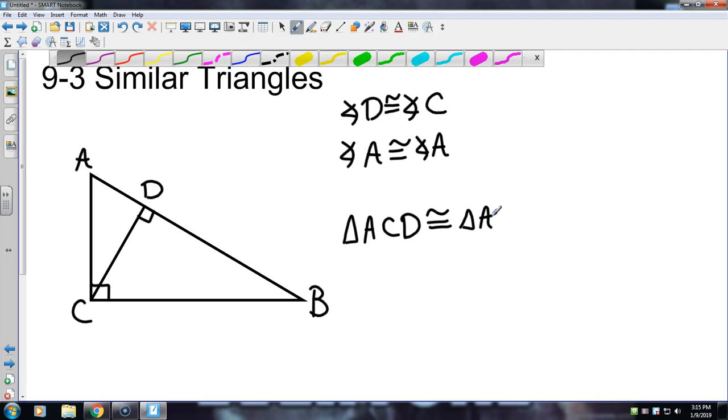So I need to do this. I need to label. Let me backtrack just a little bit. I have these two triangles. I have triangle ACD, and I have triangle ABC.